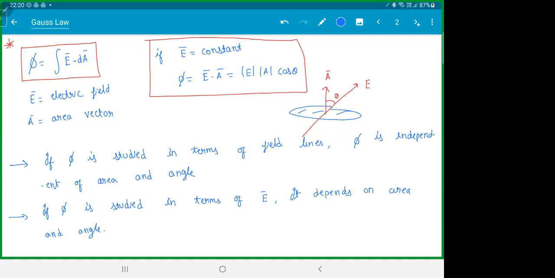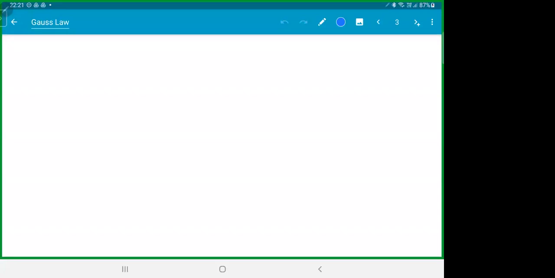Clear? Now, the main confusion people sometimes get is the area vector. How do you take the area vector? For closed figures, outward normals are taken as positive.